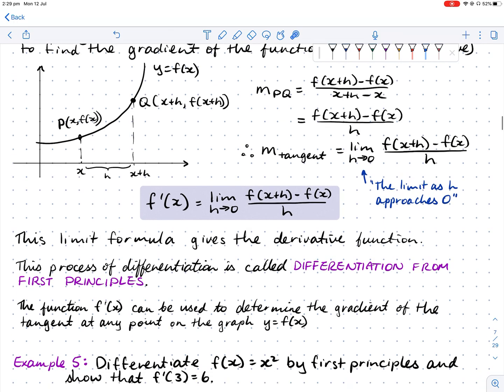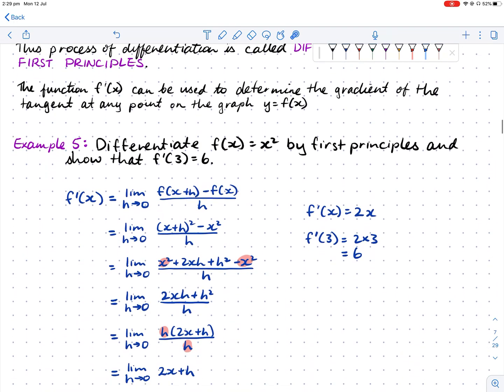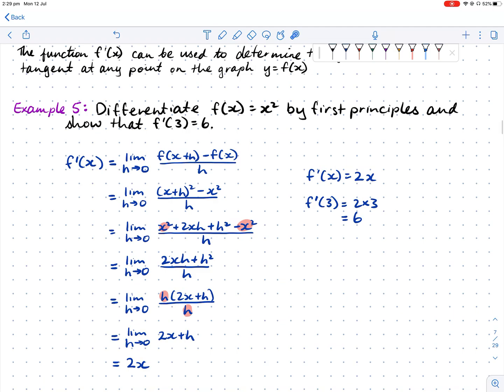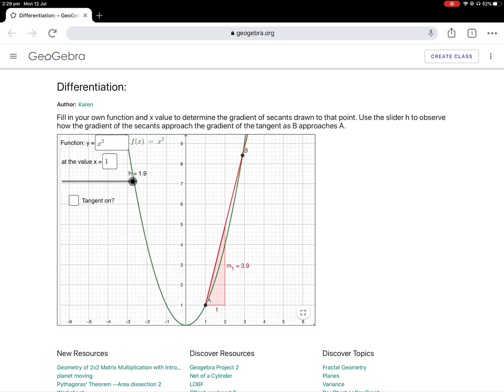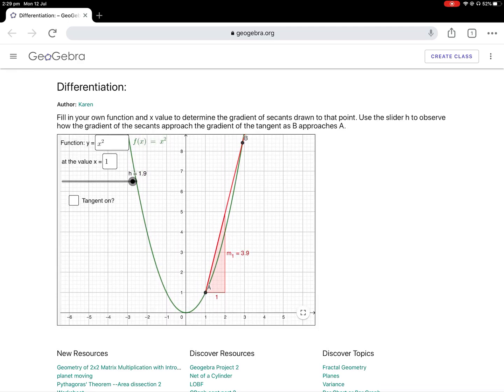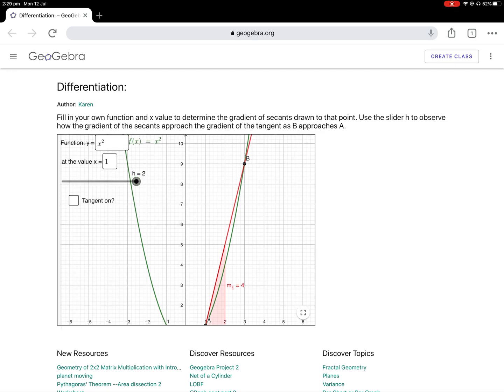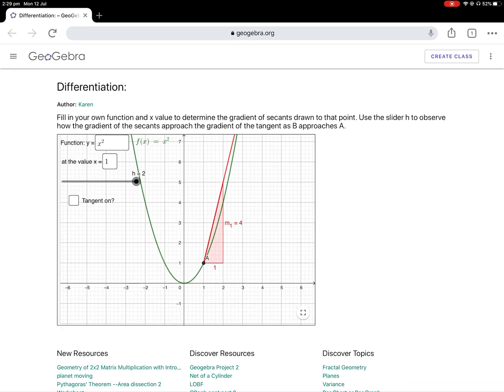Okay, so here's an example here. But before we do that, let's go back to that diagram that we looked at before. So this one, let's go back with the value of h. So now we know what this value of h means. If I make it bigger, then I'm actually changing my secant. If I have h equal to 2, then the other value I've got there is going to be 3, 9.